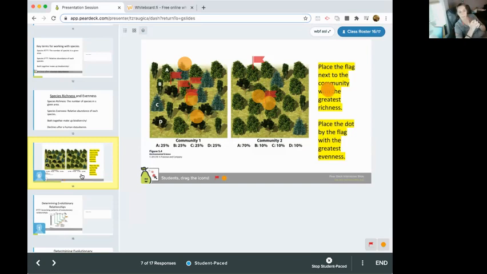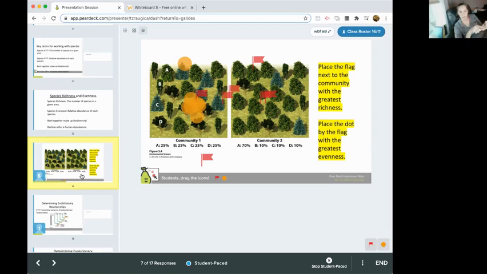But what about richness? Somebody unmute. What is the difference between that and richness? So we did a lab on this at the very beginning of the year. What's richness? The number of species in a given area. Excellent. So you're just counting, right? How many different species we have. So how many different species does community 1 have? 4.